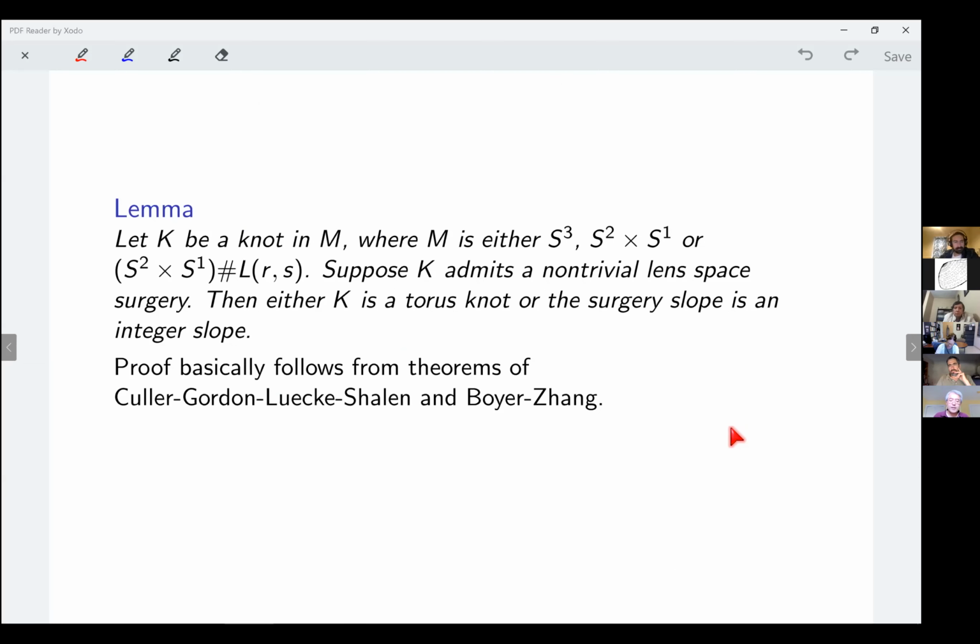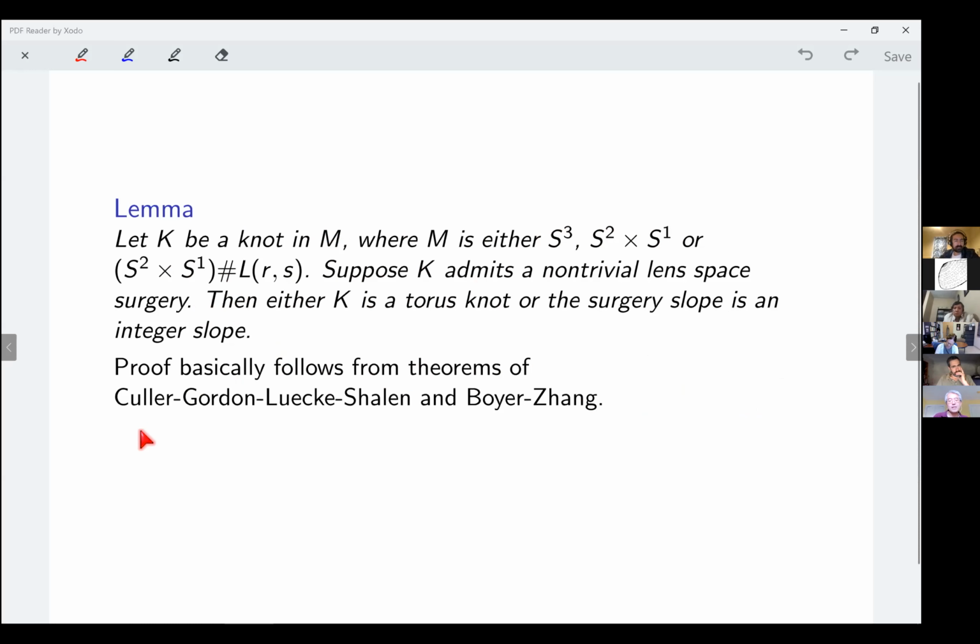The starting point is a fairly straightforward lemma. If you take a knot in the manifold, either S^3 or one of those manifolds we considered, if this knot has a non-trivial lens space surgery, then either this is a torus knot or the surgery slope is an integer slope.